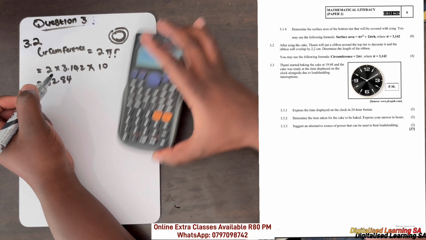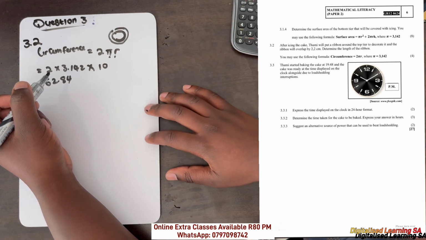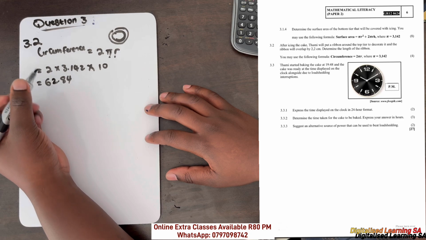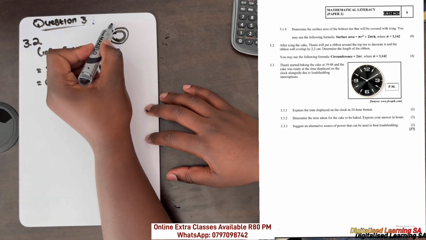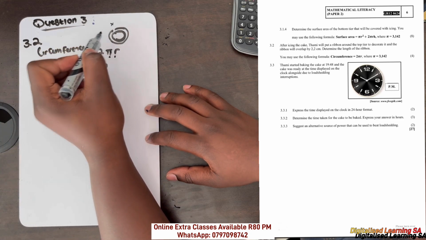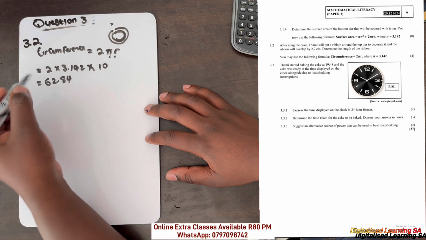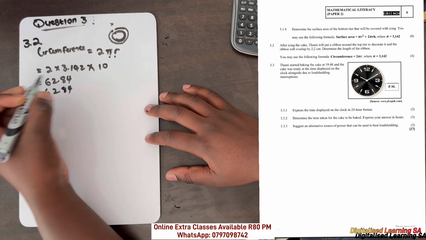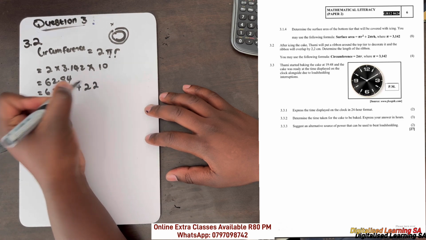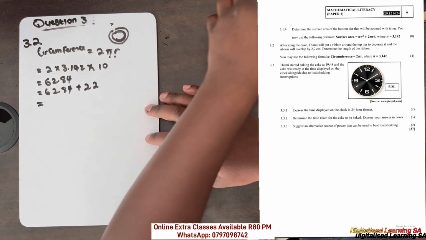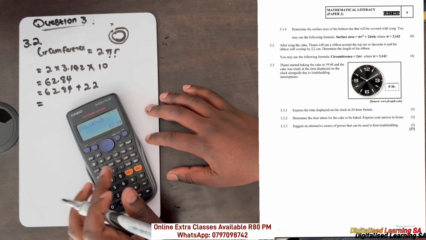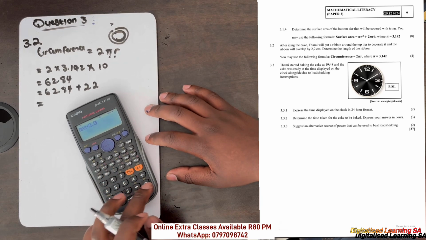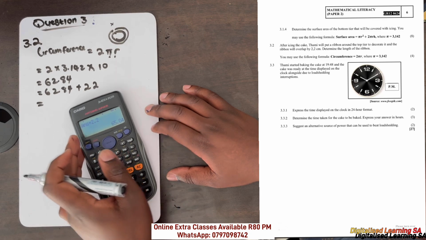And we are told that our ribbon overlapped by 2.2 centimeters, meaning that now we also need to account for the 2.2. So we'll say 62.84 plus 2.2.